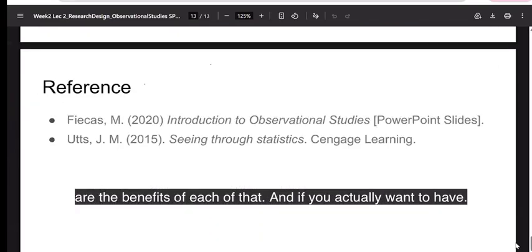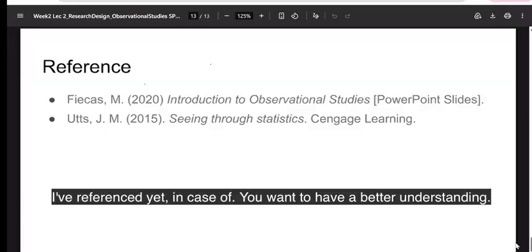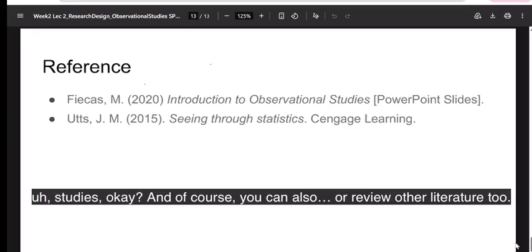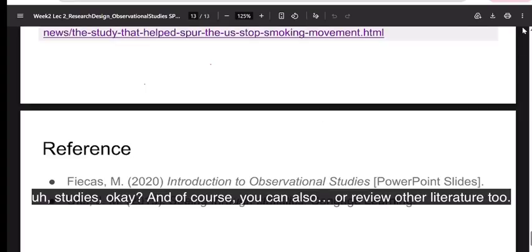If you want a reference for a better understanding of what we've been doing, there's an article from 2020, Introduction to Observational Studies. And of course, you can also review other literature.